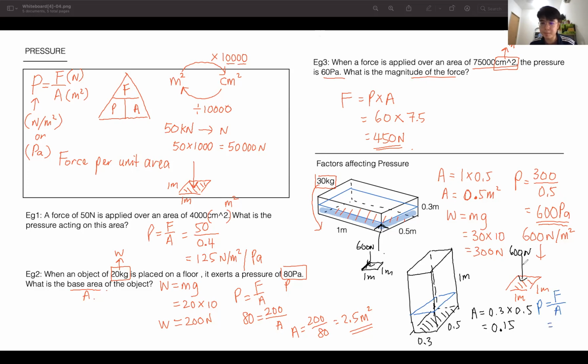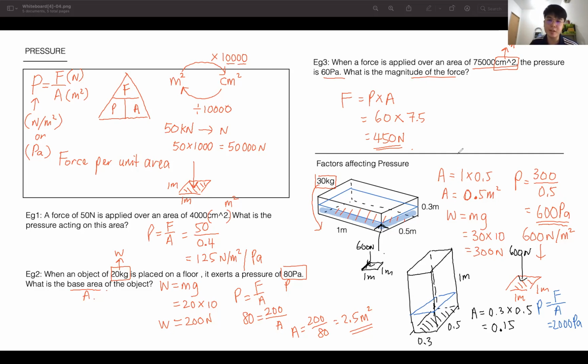Force is the same, 300 divided by 0.15, we get 2000. From 600, it has increased to 2000. What has changed? The base area has changed. Does the weight change? No. The weight doesn't change. Only the base area has changed and the pressure increased.